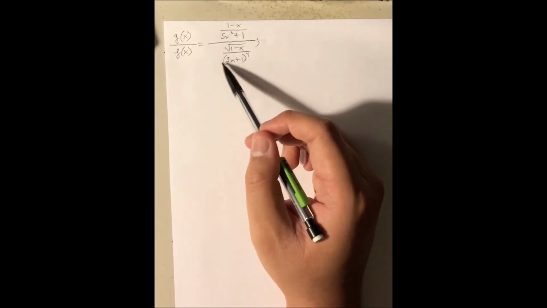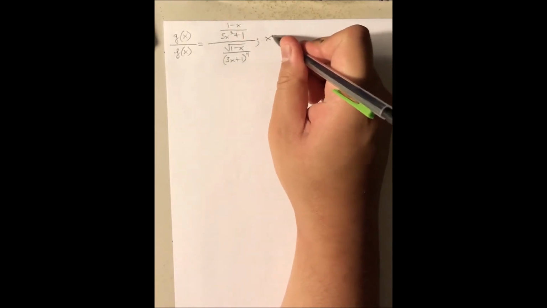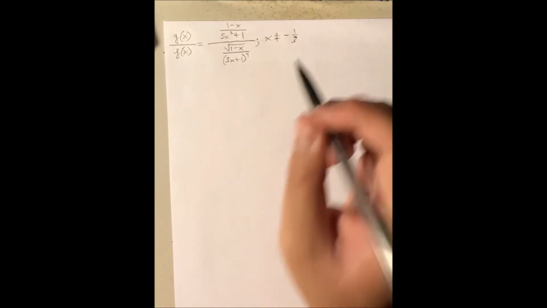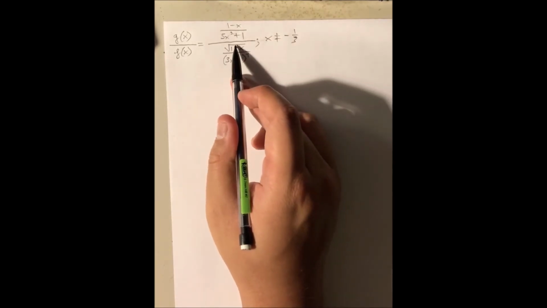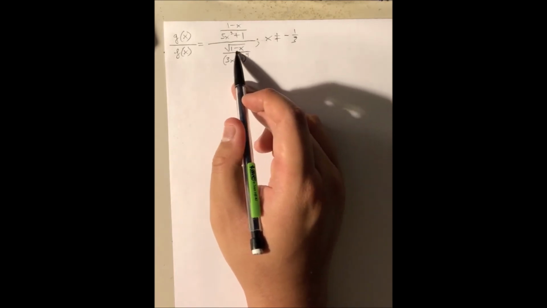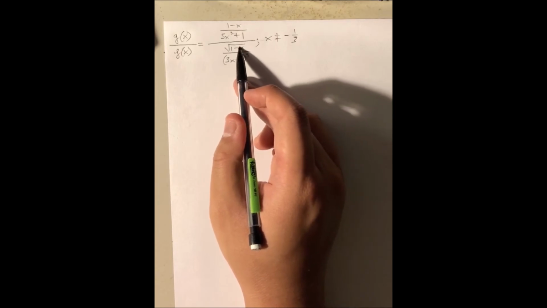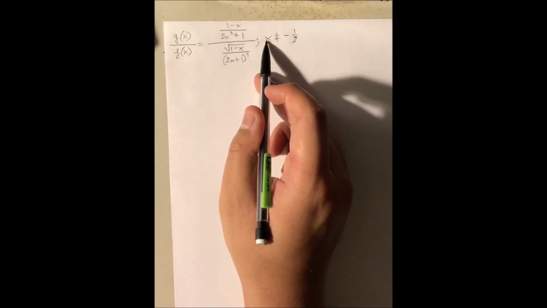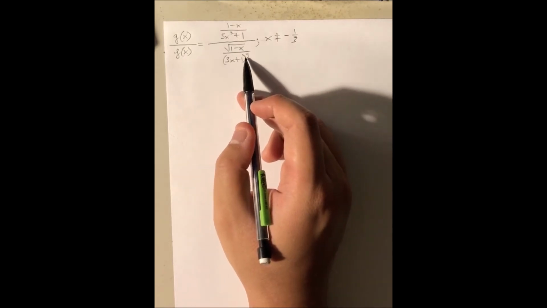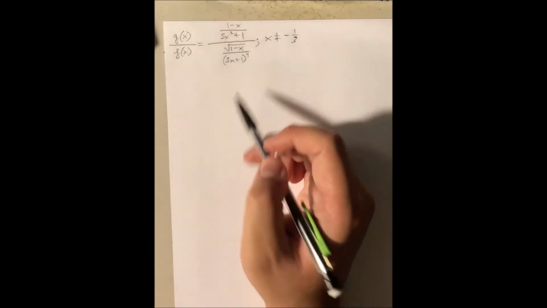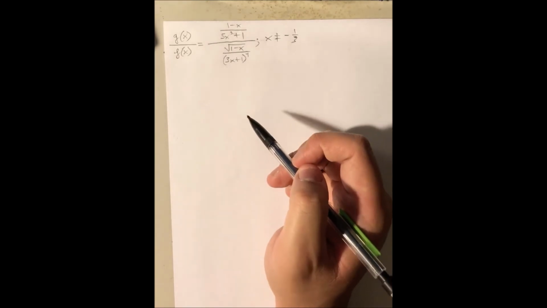Looking at this little denominator here, we know that x cannot be equal to negative 1/3, because if we plug in x equals negative 1/3, we have this denominator being 0. That's going to make the whole thing undefined, so we don't want x to be negative 1/3.